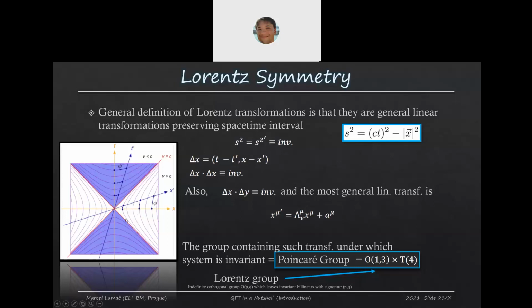So that is pretty much it. This is a pictorial representation of the invariance of the space-time interval.